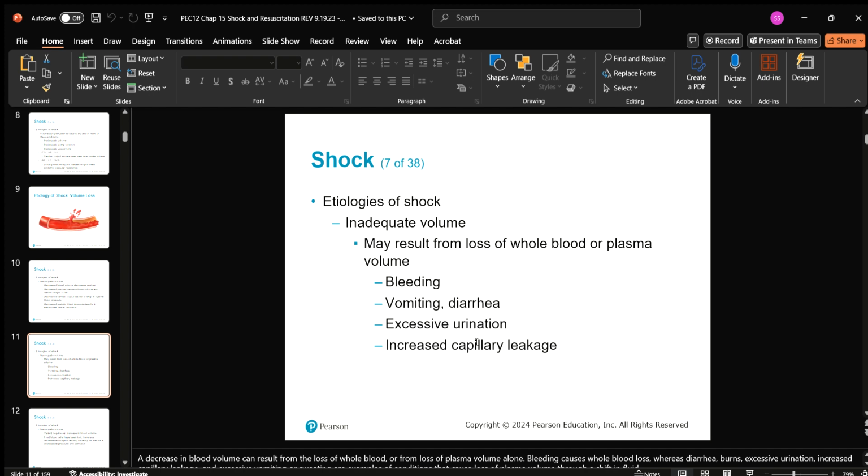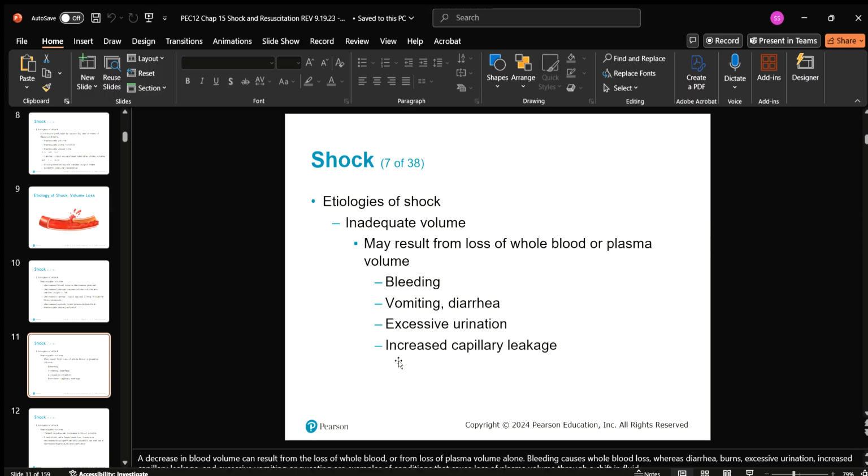Why is he in low volume shock? He hasn't bled. Because he's losing all of his fluids, okay? He's losing the plasma volume, okay? So plasma is a part of our whole blood. So he's losing all that plasma in the blood. So he is hypovolemic with that excessive urination or excessive vomiting or diarrhea.